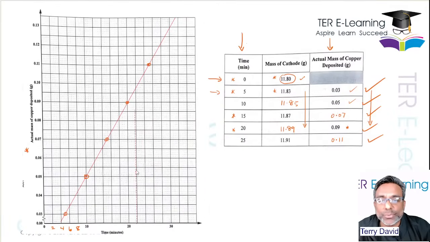This is 22, 24, 26, 28, so 28 minutes is somewhere here. Now we need to go across.